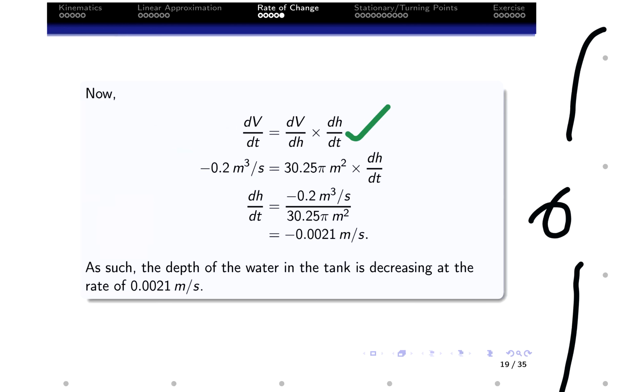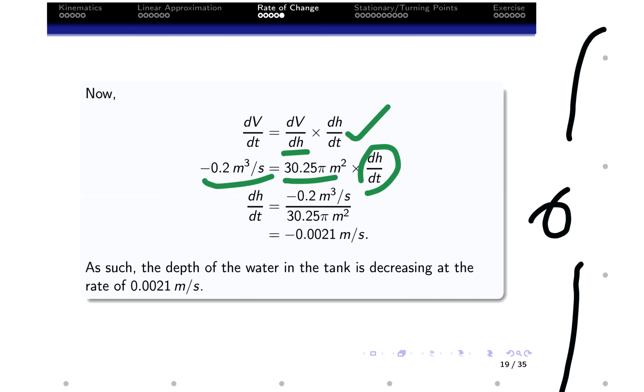You already know that dV/dt is minus 0.2 meter cube per second. That's the rate at which the liquid is dripping from the cylinder. And you found dV/dh to be 30.25 pi meter squared, times dh/dt, which we are actually looking for. So dh/dt will simply be minus 0.2 meter cube per second divided by 30.25 pi meter squared.